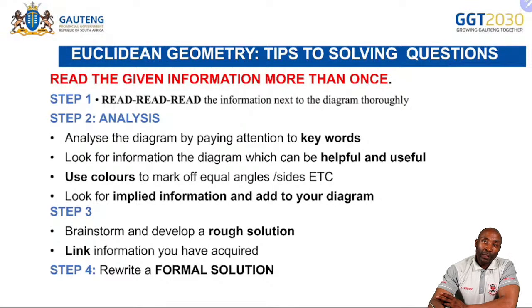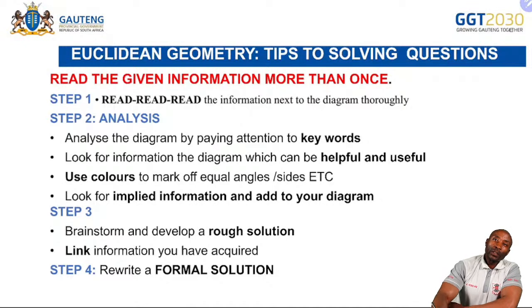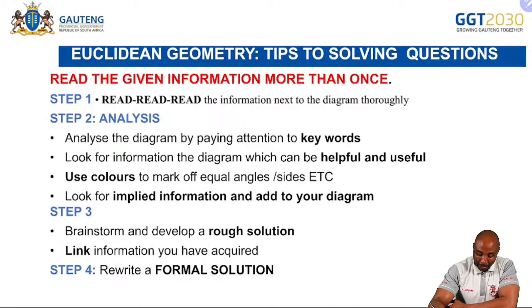You brainstorm the solution. Remember, if a question says, prove or show that AB is a tangent, you cannot start by applying the tan-chord theorem because it must come at the end. You are not proving, you are using what you are given and you will not be awarded a mark there.